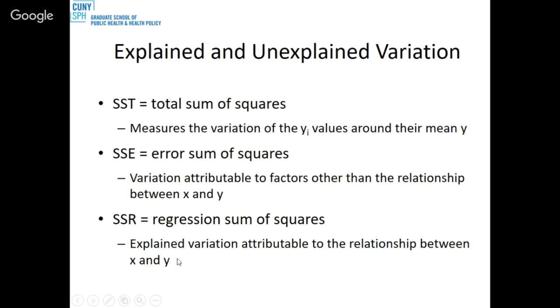And the regression sum of squares is the variability of the predictions around the overall mean. So this is how much variability you're predicting, how much variability you weren't able to predict, adding up to the total variability.